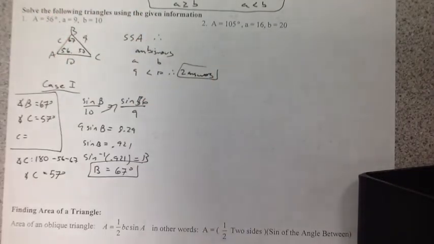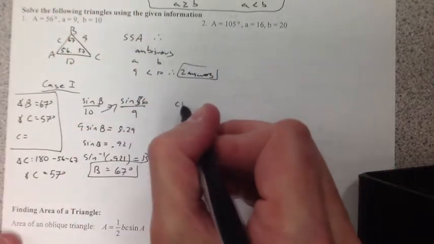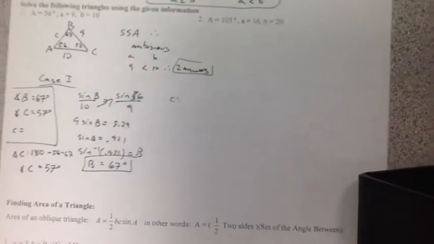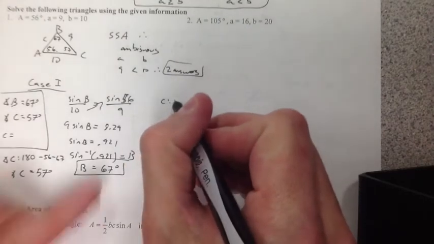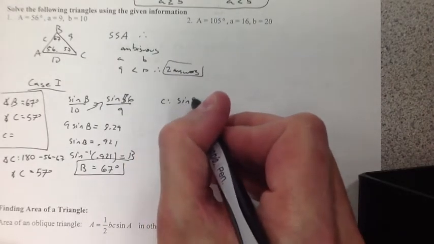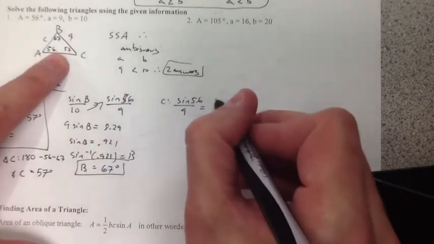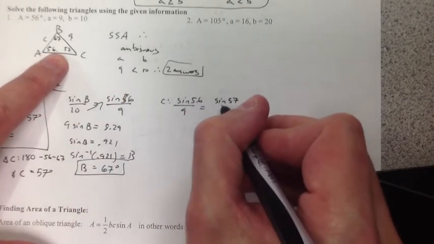And now how do we find little c? Well, to get little c, I have to use my law of sines again. So using my law of sines, I'll take what I know. The sine of 56 over 9 equals, just like we did before, the sine of 57 over c.